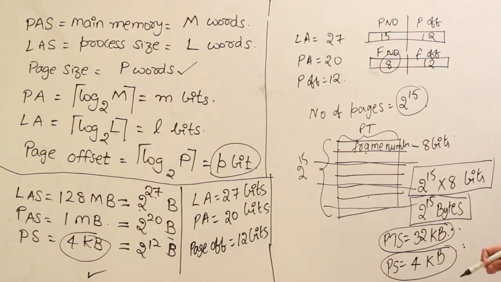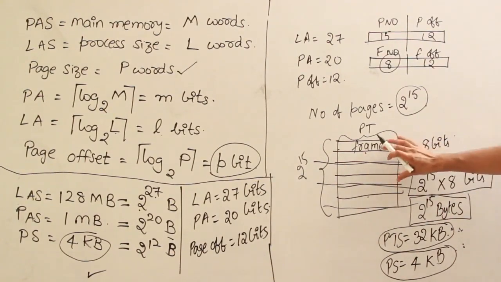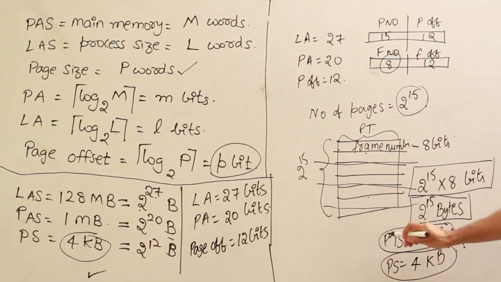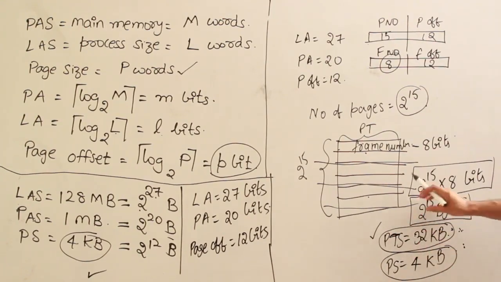We shall look at it later. First we shall practice all these questions a lot, and then we shall go into multi-level paging. So I think you got the concept, right? The process is very big, so I divided the process into many pages and kept them in various frames, and now I got the page table. The page table is also so big that it cannot fit in one frame.